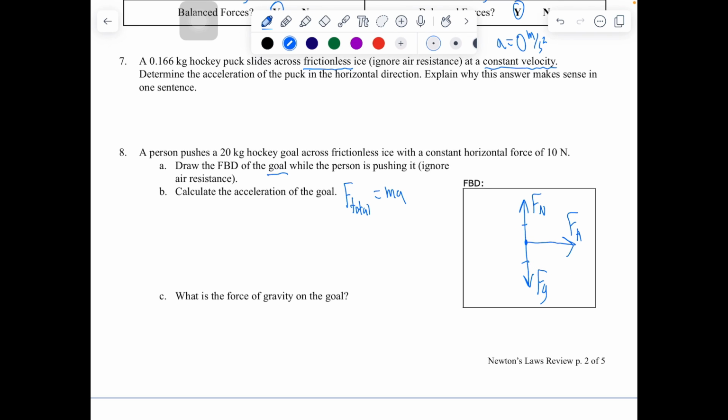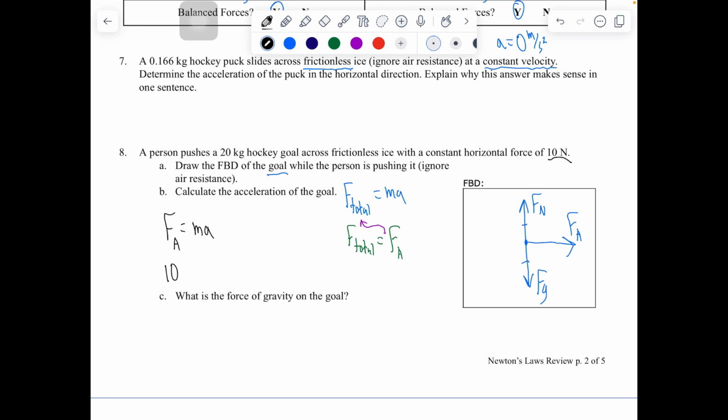So we really know that this total force is just going to be equal to the applied force. So what we can do, substitute this in. Plug in the applied force for our total force, and rewrite to get the applied force is equal to the mass times the acceleration.